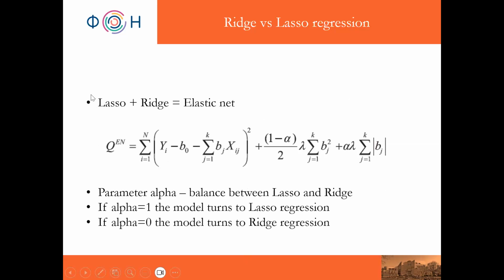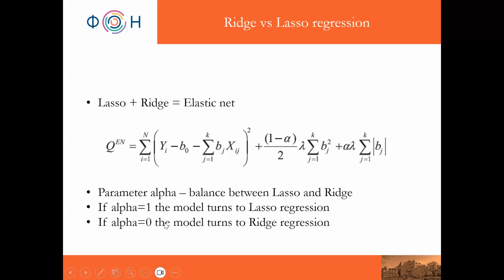A combination of both lasso and ridge regression is a regression called elastic net. If we observe the function for the elastic net, which needs to be solved, this part here is related to ordinary least squares. This part here is related to constraints from the ridge regression. This part here is related to constraints from lasso regression. We have to keep in mind that if alpha is 1, our model turns to lasso regression.